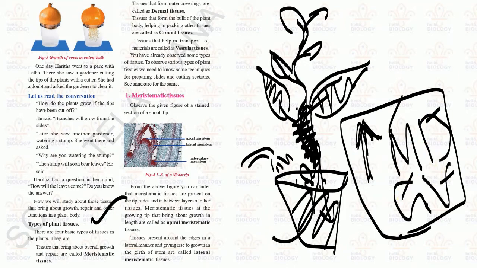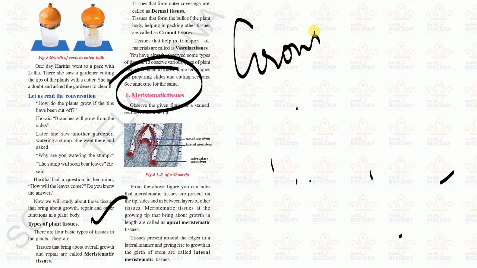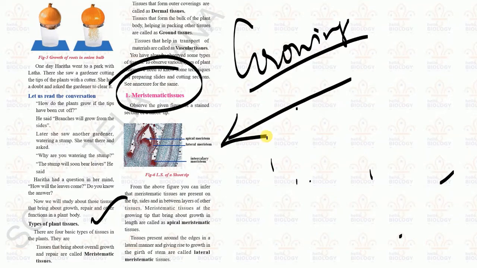Next we will discuss the first tissue, the meristematic tissue. Meristematic tissue is otherwise called growing tissue. Most important to remember. So how do we see this in the microscope? Here you can see one picture. This is a very important one, seen from a permanent slide of a shoot tip.